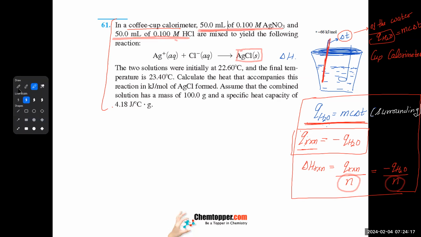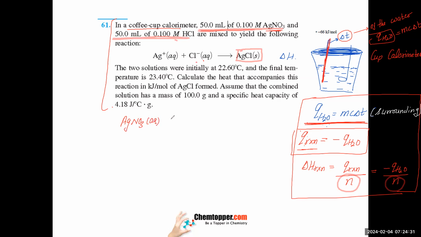So Ag plus, which is actually AgNO3, they added AgNO3. This is the net ionic equation: Ag plus reacting with HCl, giving you AgCl solid plus HNO3. They have given the net ionic equation.